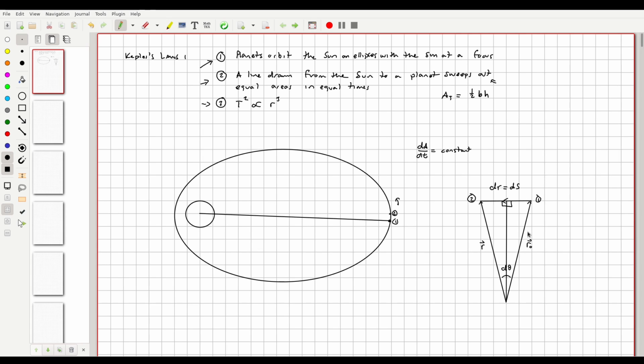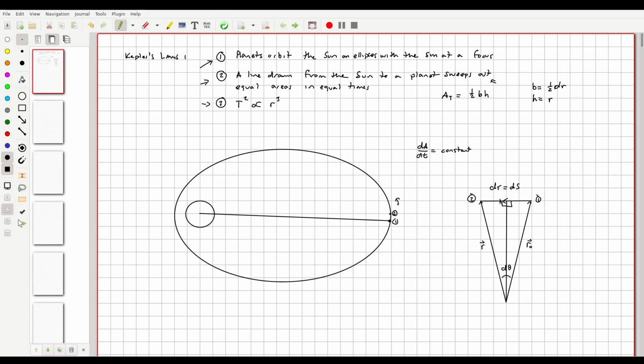The base here would be dr. The height here is going to be r.